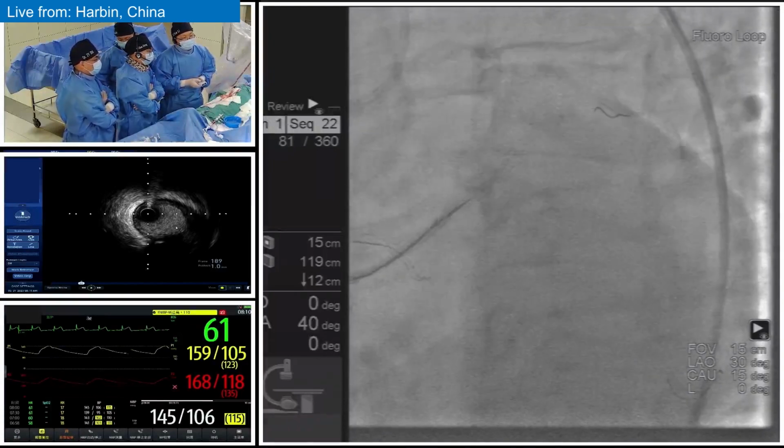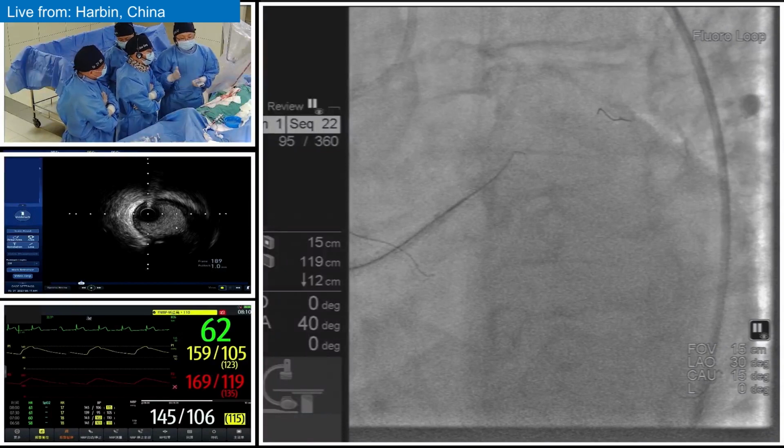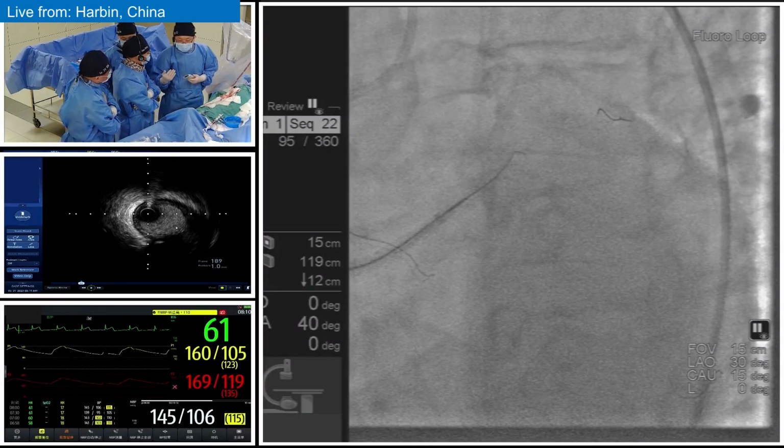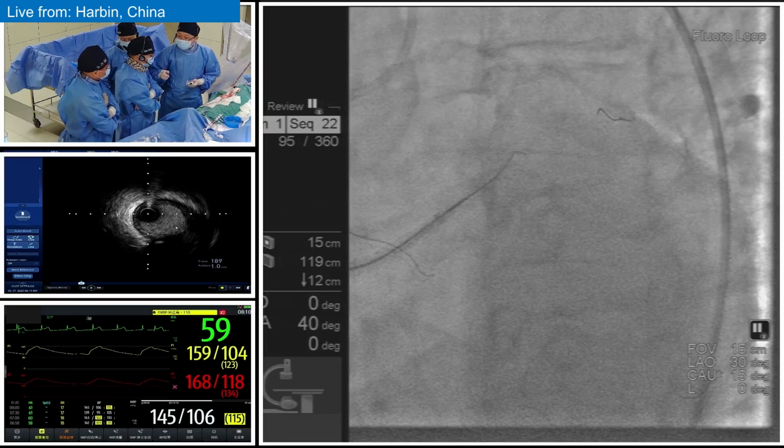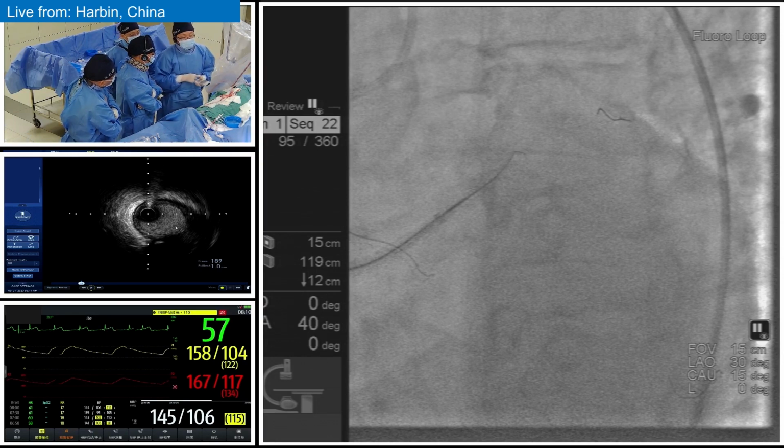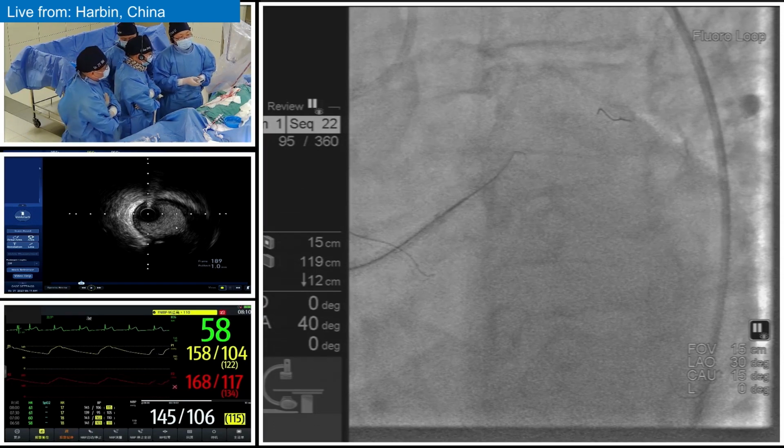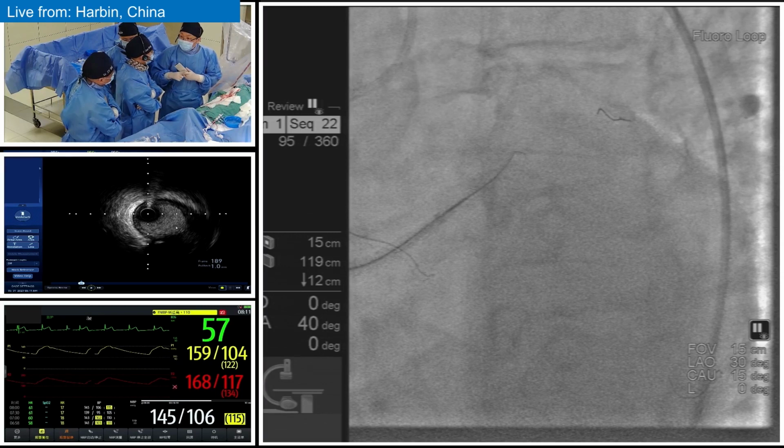First, we should deep seat the guiding catheter a little bit to make the guiding tip toward the LAD. Next, in most conditions for this kind of case, we need a relatively stiff wire with a taper tip, and with a relatively large second curve.